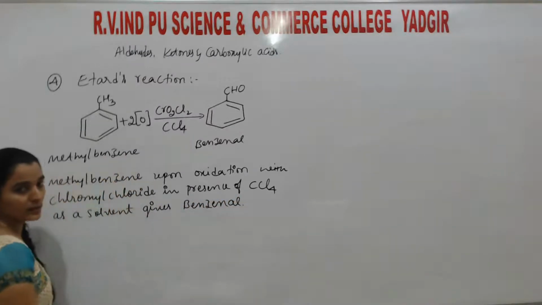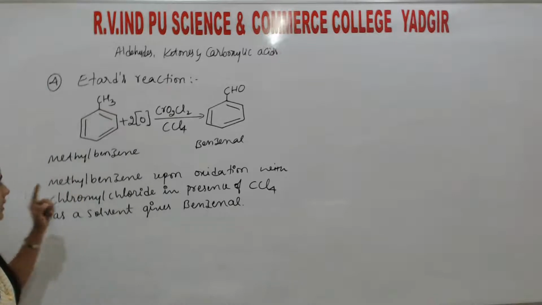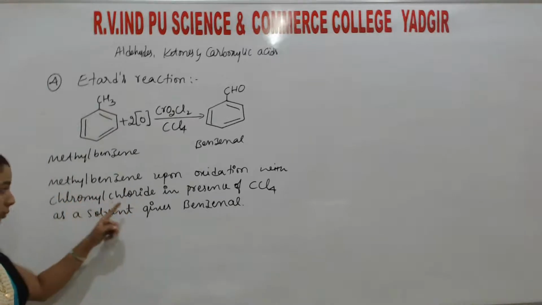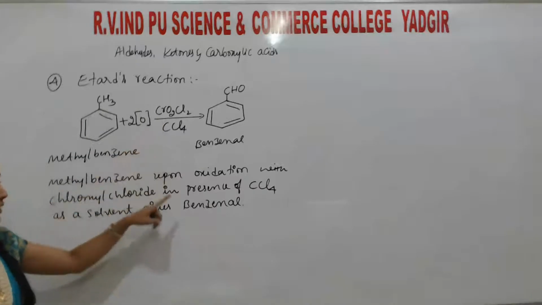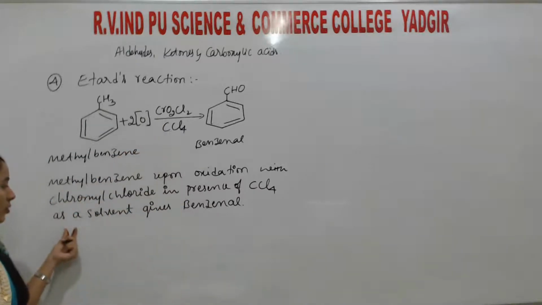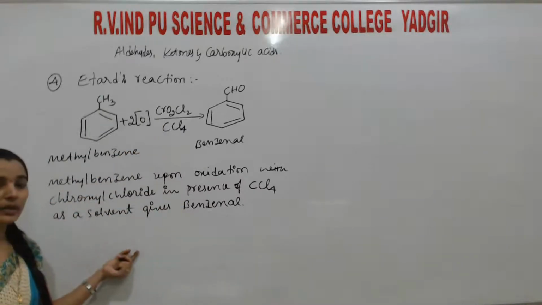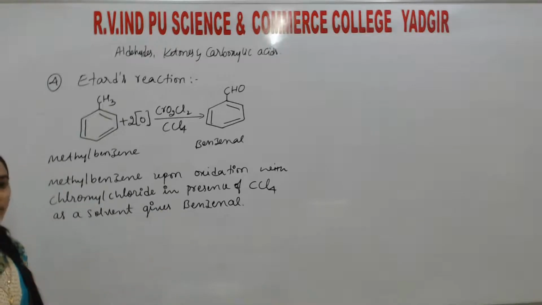This is the explanation. So methyl benzene upon oxidation with chromyl chloride, in presence of CCl4 as a solvent, gives benzaldehyde.